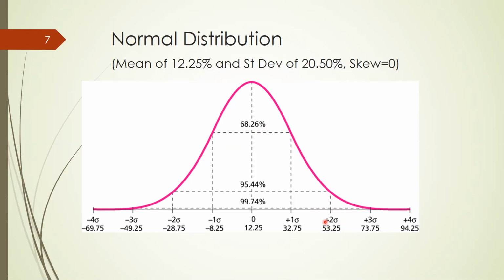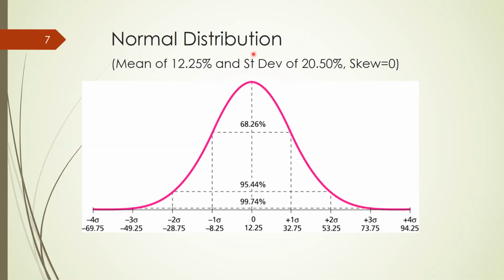Two standard deviations above or below the mean have a corresponding 95.44% probability to be observed. An observation within three standard deviations of the mean has a 99.74% probability to be observed.